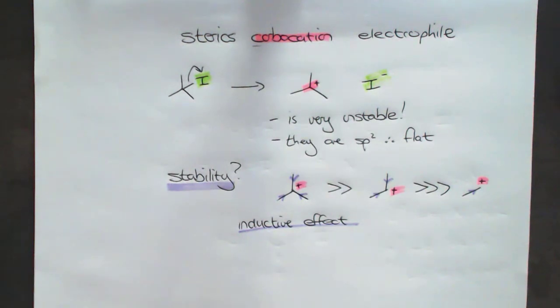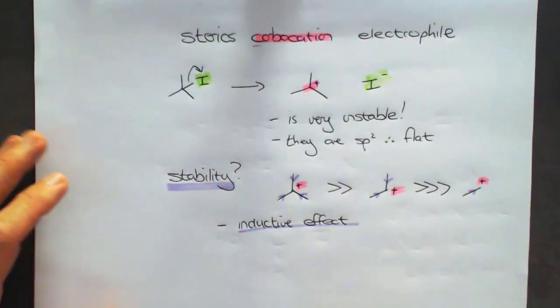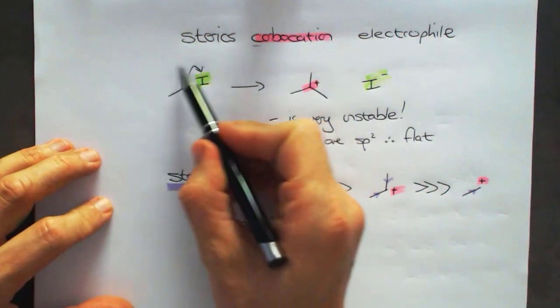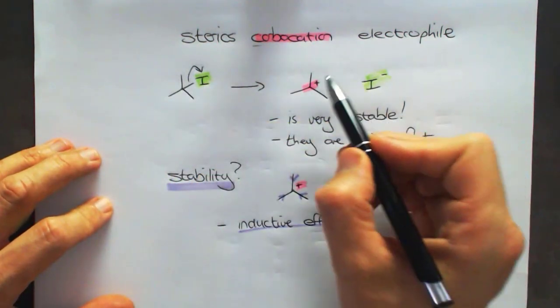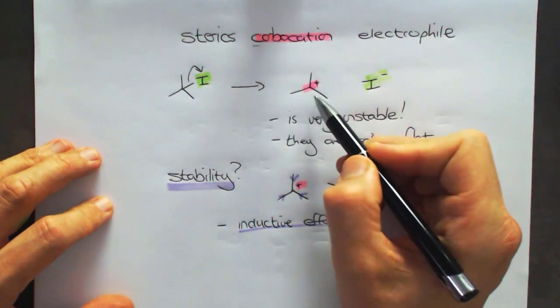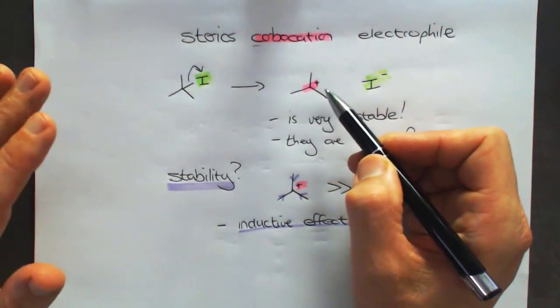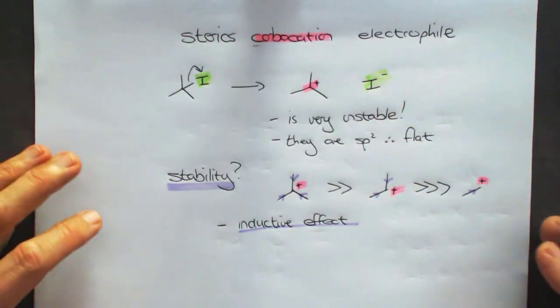So one of the things that affects the stability of a carbocation is absolutely the inductive effect. And that is why we see that if we've got a tertiary leaving group, we typically go through a carbocation intermediate, and that almost always means that we are going to have an SN1 reaction. We'll deal with that a little bit more.